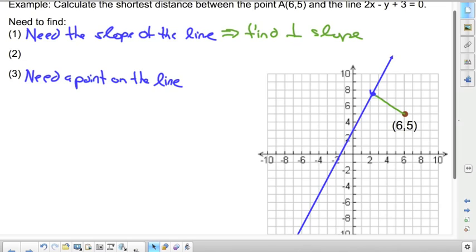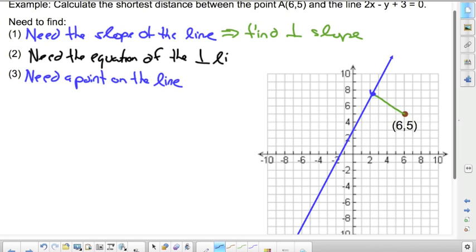The y-intercept of the perpendicular, the green line? Yeah. You're kind of close. We need the equation, right? So we need the equation of the perpendicular line to the point.